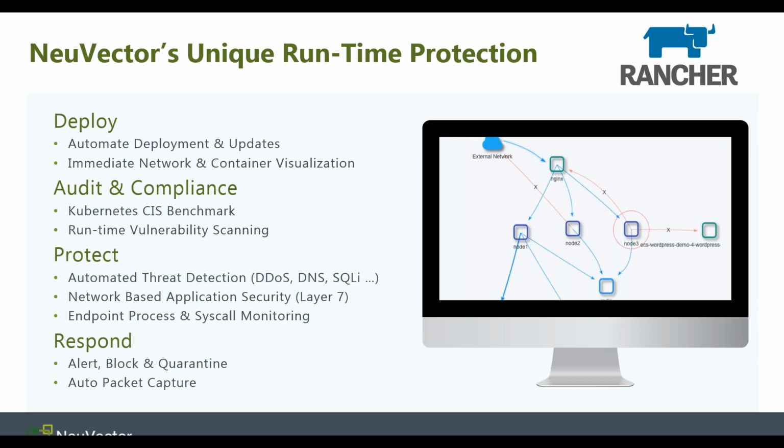We do auditing and compliance checks before you go to production. We do the Kubernetes CIS benchmark and the Docker benchmark. We also do registry scanning and a Jenkins plugin to help your developers do the basic base layer security protection, and platform integrations like RBAC.